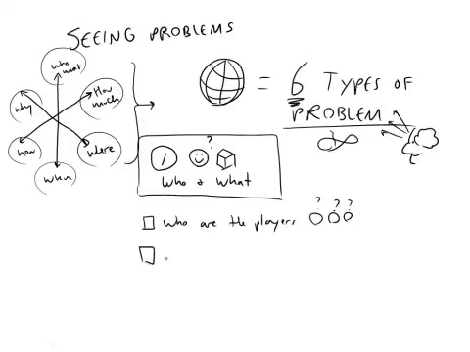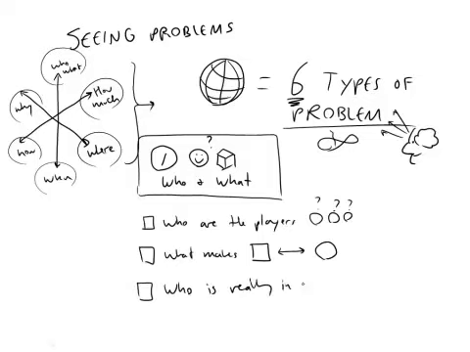Or problems like, what makes this thing different from this thing? Or problems that say, okay, who is really in charge? Who is the boss up here, above all of these other people who are underneath him? Problem type number 1, who and what problems.